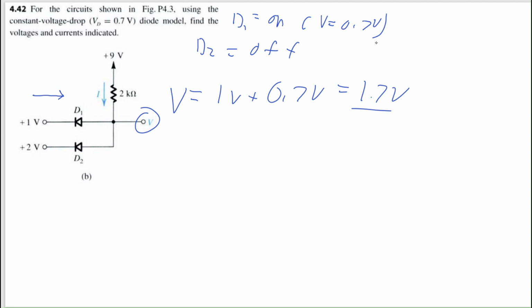Let's check with diode D2 to make sure that this actually makes sense. So this is what D2 looks like, right? Currently we're saying that there's 1.7 volts here from the anode, and from the cathode, there's 2 volts. So we're going from 1.7 to 2, low to high. So D2 is reverse biased, and therefore it is indeed off.